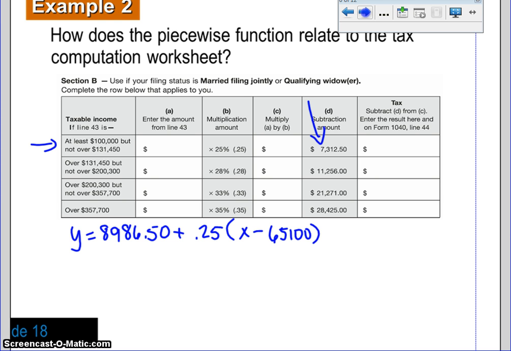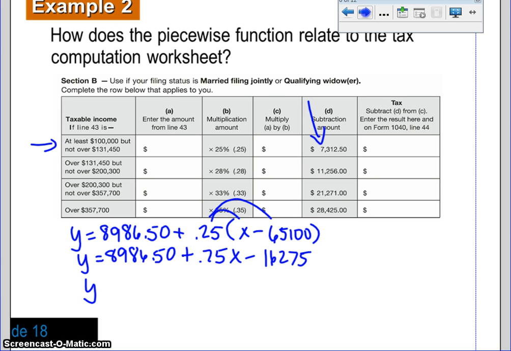So when we look at this, right now, column D seems to have no real meaning. We don't understand how they got this information. But there actually is mathematical significance to it, and I'm going to find that by using my distributive property. So I've got y equals 8,986.50 plus 0.25x minus 16,275, which is what I get when I multiply 0.25 and 65,100.